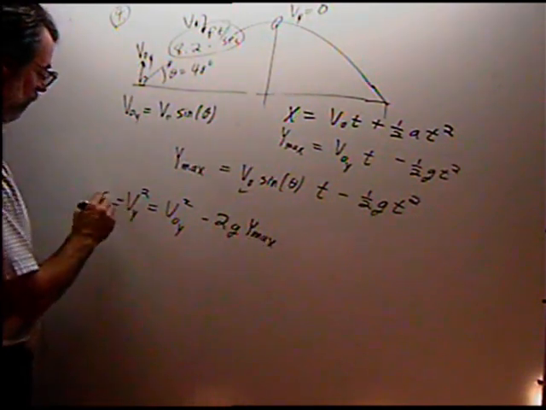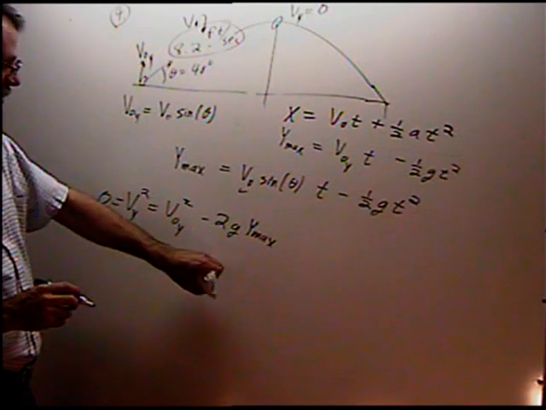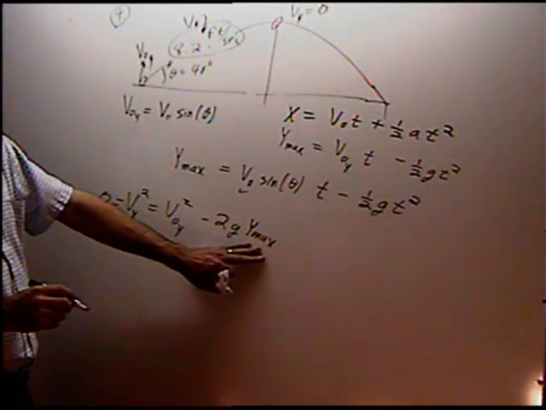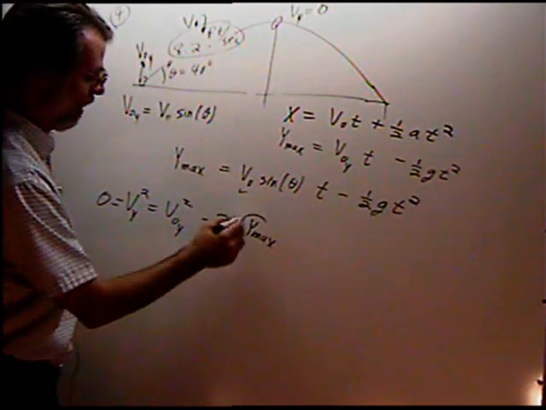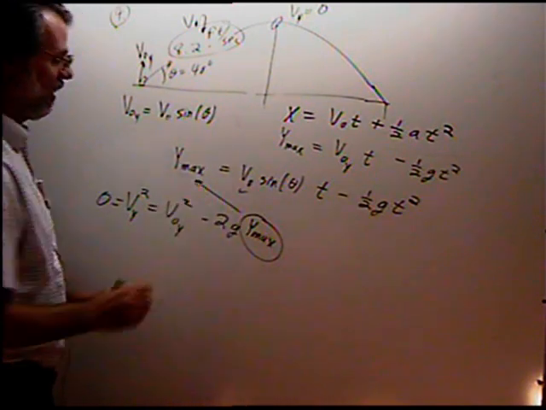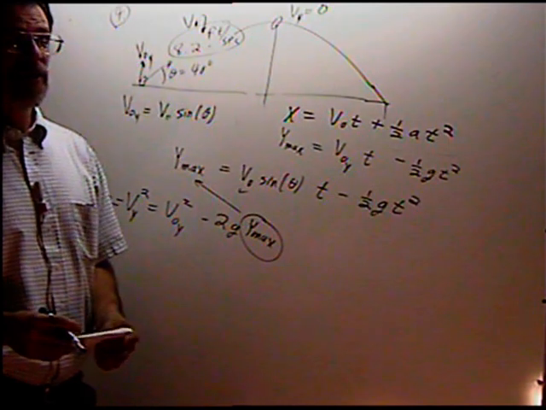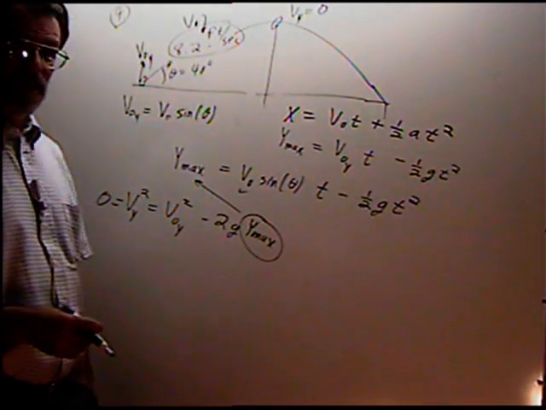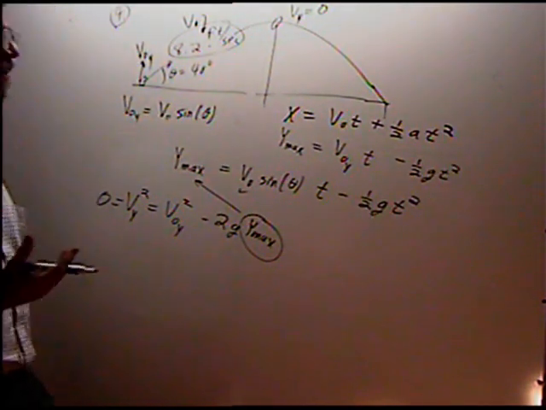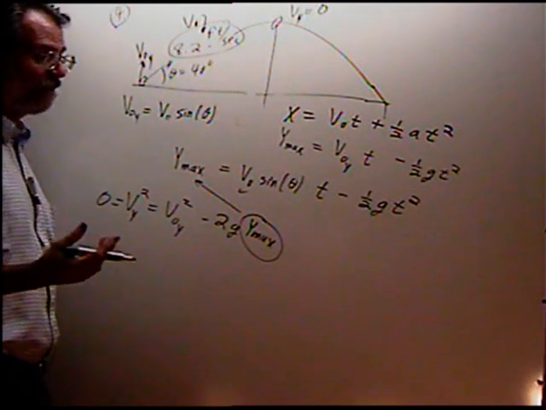This is equal to 0. You take this equation and you solve for y max. Then you plug this y max into here, and then you solve the quadratic. It would work. It's a very time-consuming step. It's a two-step process. You could do it. You would get the right answer.